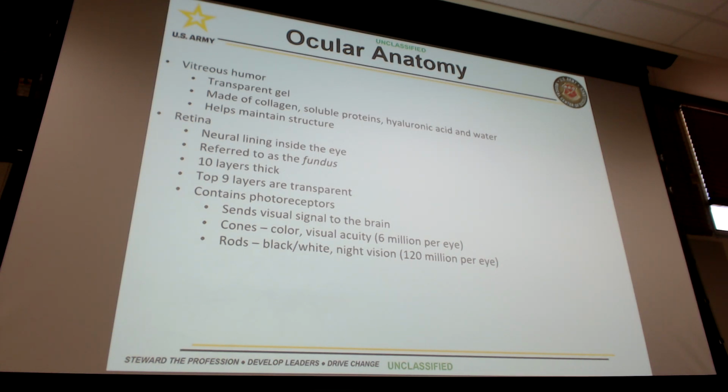My enlisted instructors took a picture of me wearing those glasses, and now it's on the wall of shame in our office. There was a second pair that actually helped a little bit, but I still failed the color vision test pretty heavily. So cones again, color, rods are your black and white night vision.